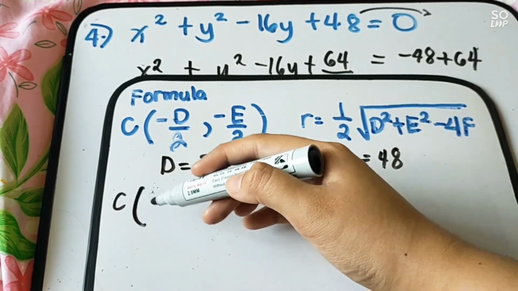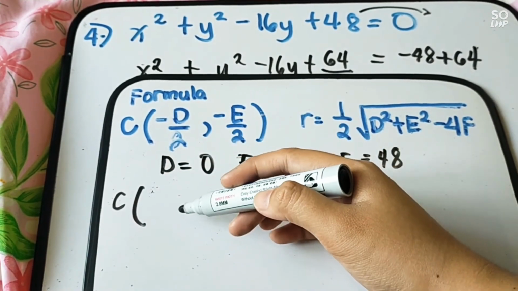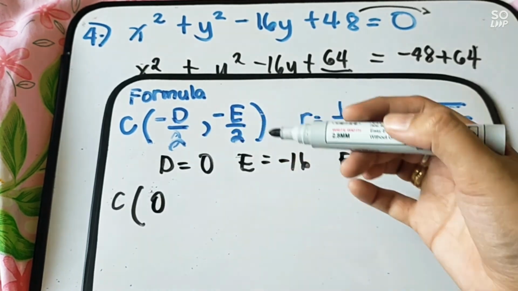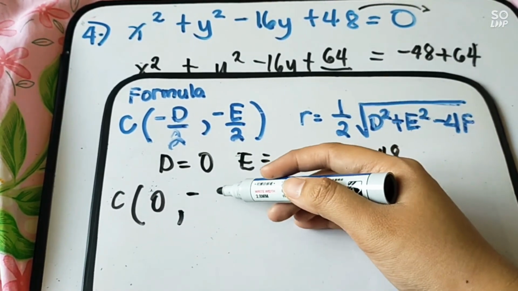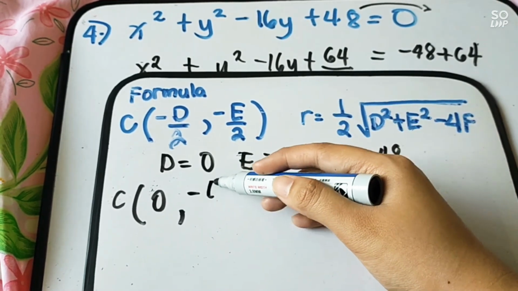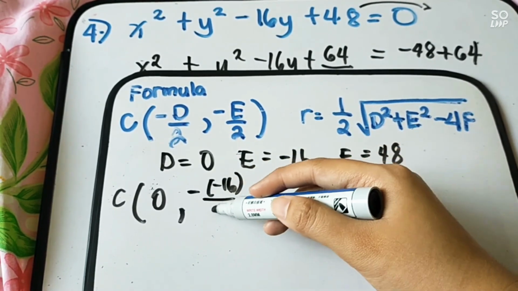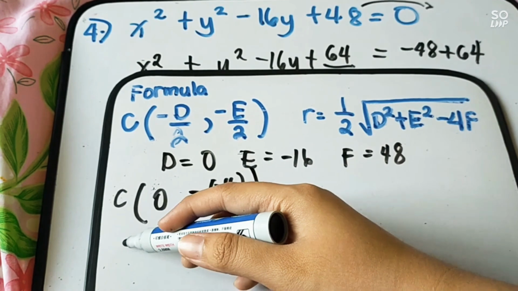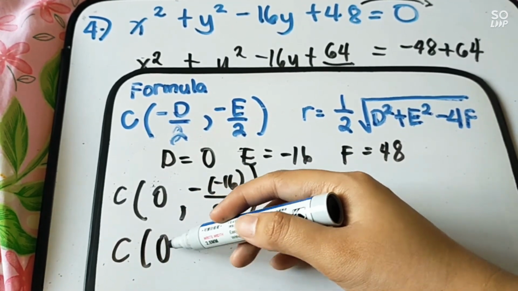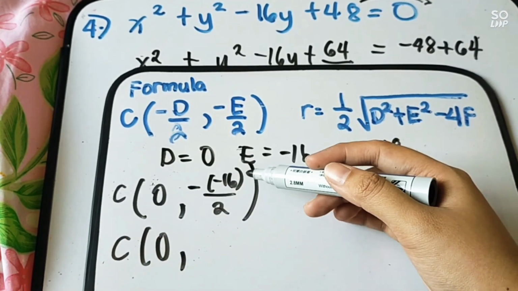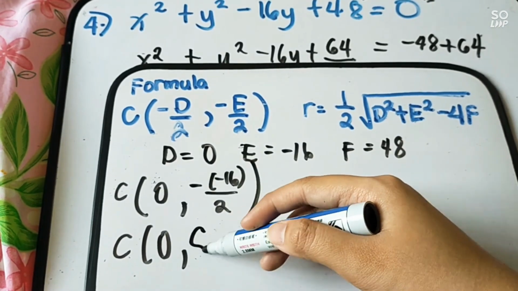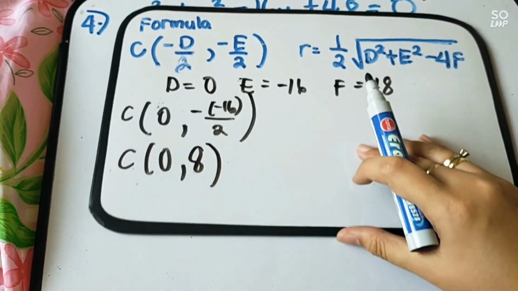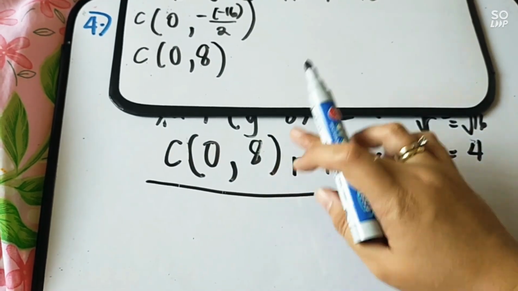So, C is equals 0 divided by 2, that is 0. That is it. Next, this one is negative E, we have here negative times negative 16 divided by 2. So, your center here is 0. Then, negative times negative is positive 16. Positive 16 divided by 2, we have positive 8. So, as you can see, we have the same center answer.